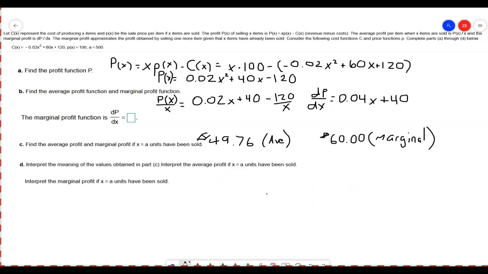And as far as the marginal profit, the profit for the 501st item, given that 500 items have already been produced, is $60. So we have a greater profit by producing another one.